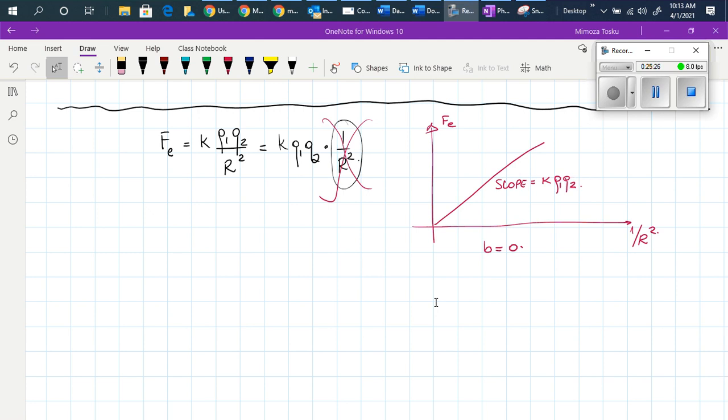If yes, then fine. If not, then how can you modify it so it will look like a straight line? And in both cases, what are the slope and the y-intercept representing as a physical quantity? I hope that this makes sense, and we will do examples in class about this. Okay, this is in regards to straightening the line.